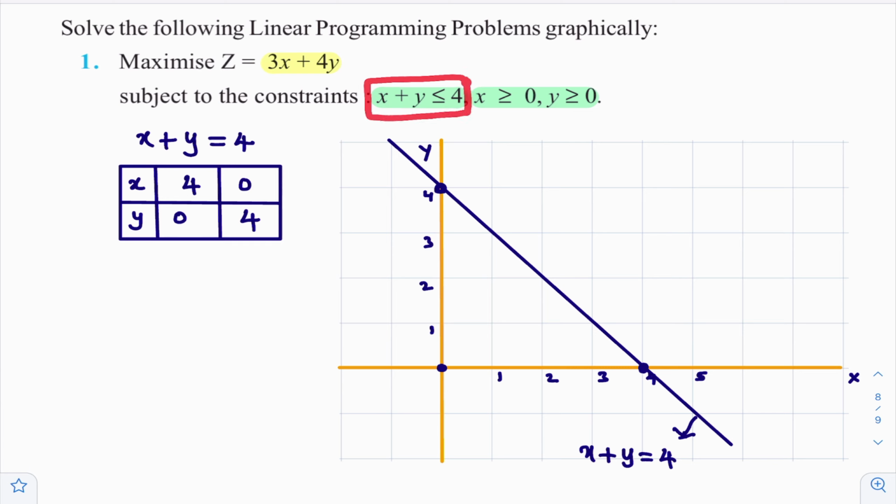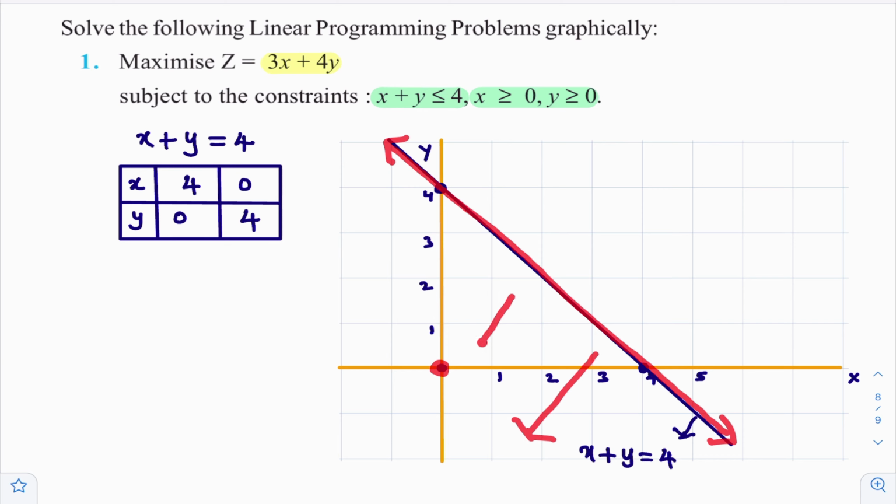To find the solution of this inequality, you observe this line equation. For this line equation, two sides are there. One is origin side, another one is non-origin side. What is origin side? You observe here, for the line, this side origin is there, na? So this side is known as origin side, and this side is known as non-origin side.